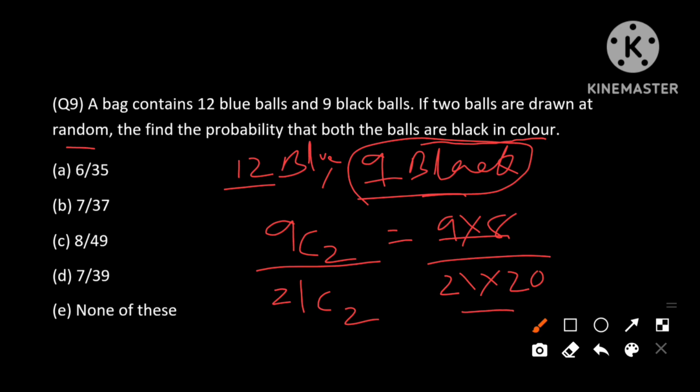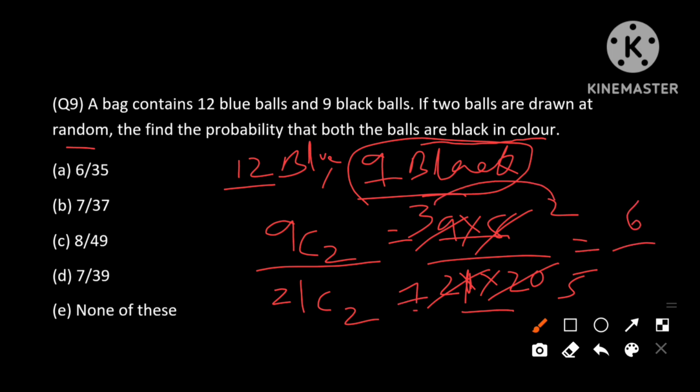So what we have is 9 times 8 divided by 21 times 20. 4 twos are 8, 4 fives are 20, 3 threes are 9, 3 sevens are 21. So what is left is 3 times 2, which is 6, and 7 times 5, which is 35. So we got 6/35. Option A is our answer.